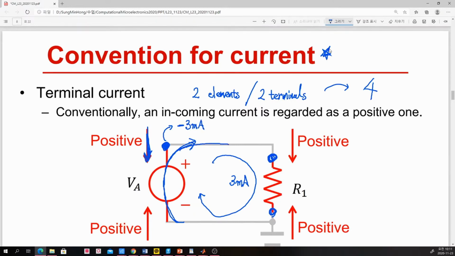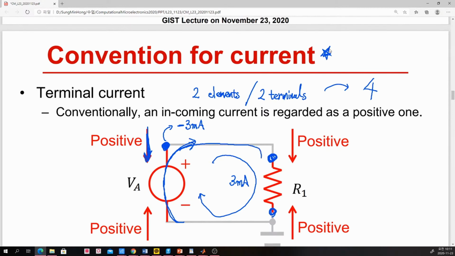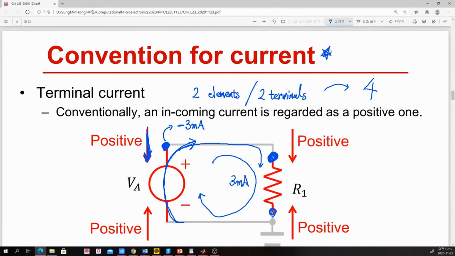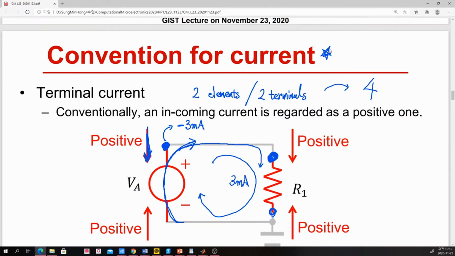And yes, from the viewpoint of this upper terminal of the resistor, this is 3 milliampere.